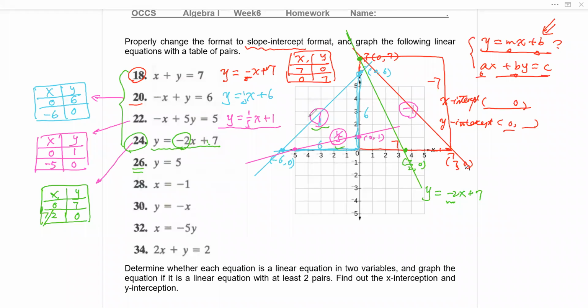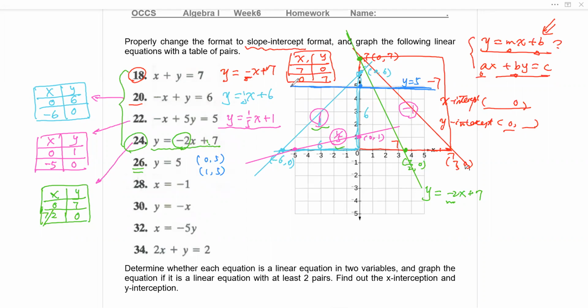It means they pass (0, 5) or (1, 5). Whenever x is, they always pass through this. So this line means y equals 5.